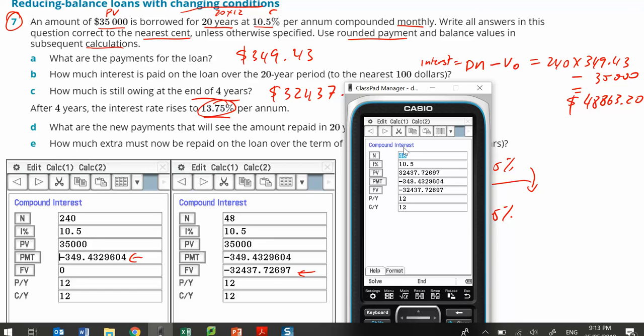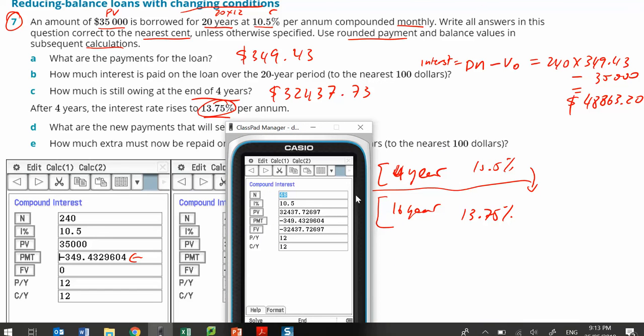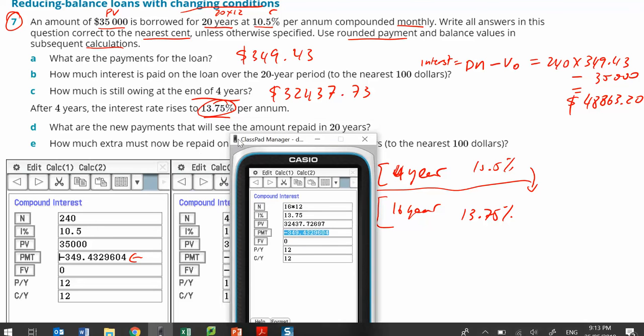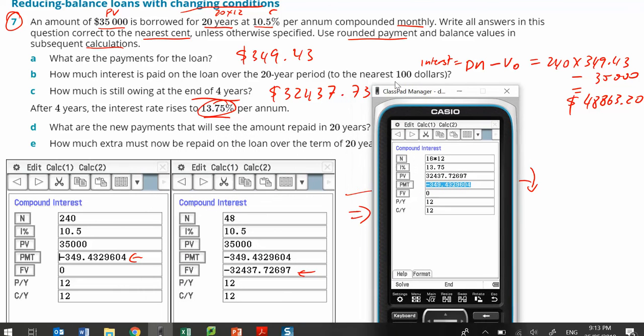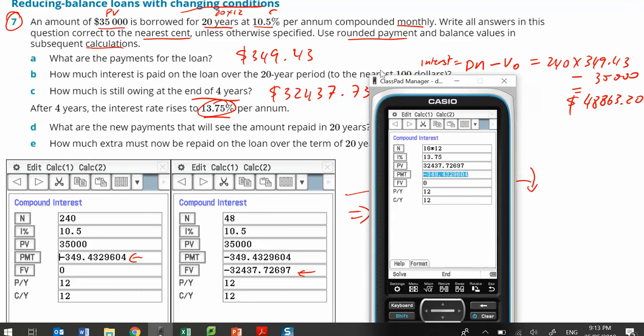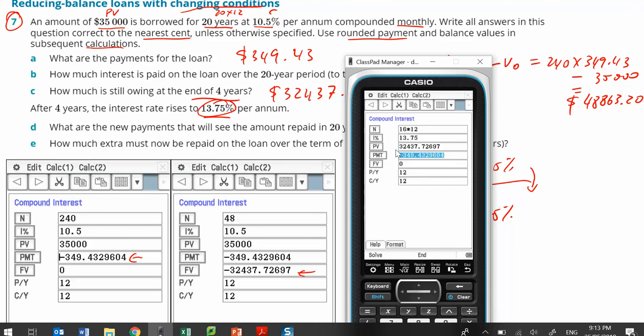So you're assuming you're starting a loan again. How many years do we have left? We have 16 years left, so 16 times 12, sorry. The interest rate is now 13.75. Principal is the same. We want to find the payments, and our final value is zero because we want to pay out the loan.